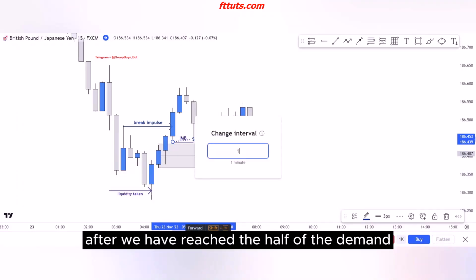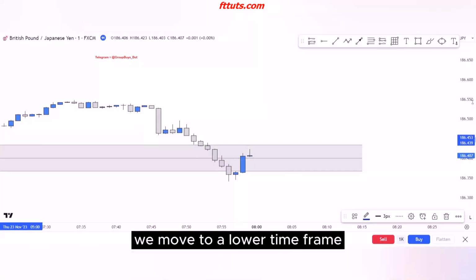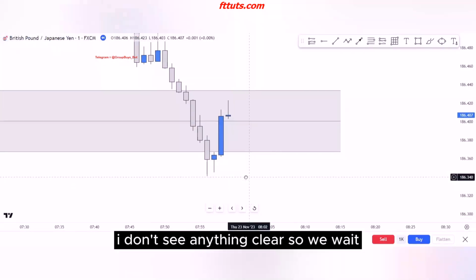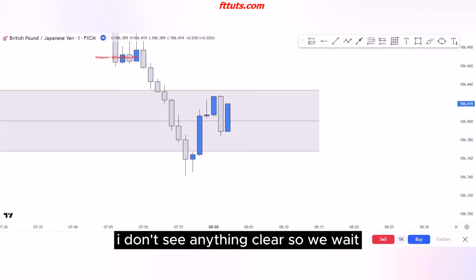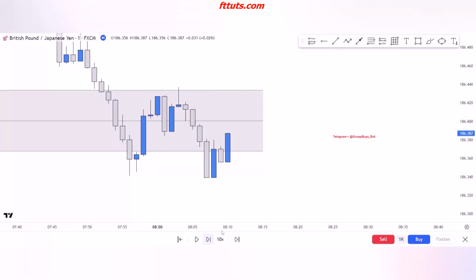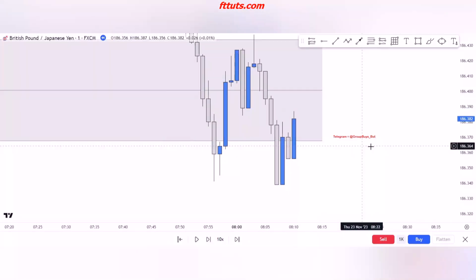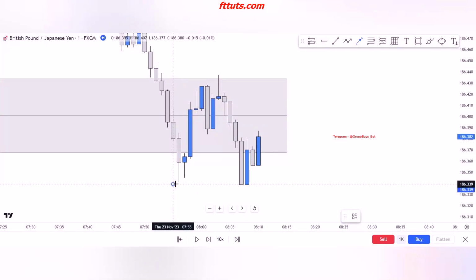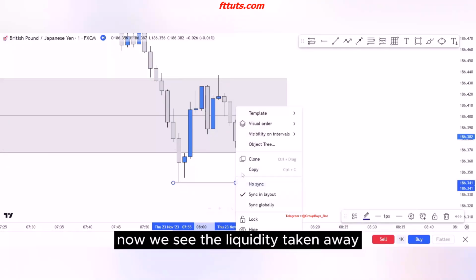After we have reached the half of the demand, we move to a lower time frame. I don't see anything clear, so we wait. Now we see the liquidity taken away.